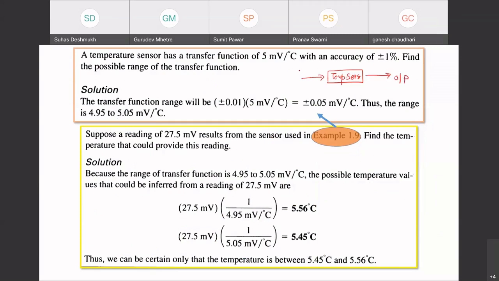The transfer function is the output divided by the input, a ratio function. The input is degrees Celsius, and I'm getting this in millivolt per degree Celsius.